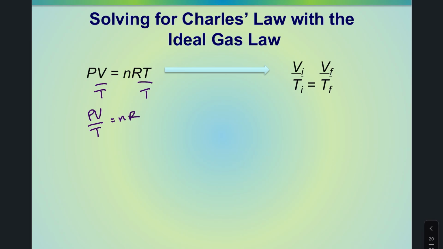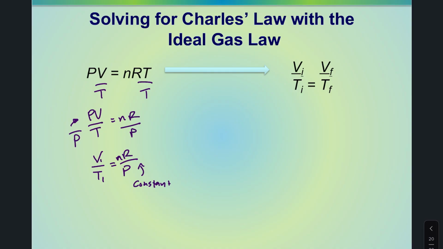And now pressure is going to be constant as well, so we'll divide by P, and we get V over T equals nR over P. And so all of these are constants. So what we can do is we can say that this is V1 and T1 or VI and TI. And we can also say that these are going to remain constant no matter what we do to it.